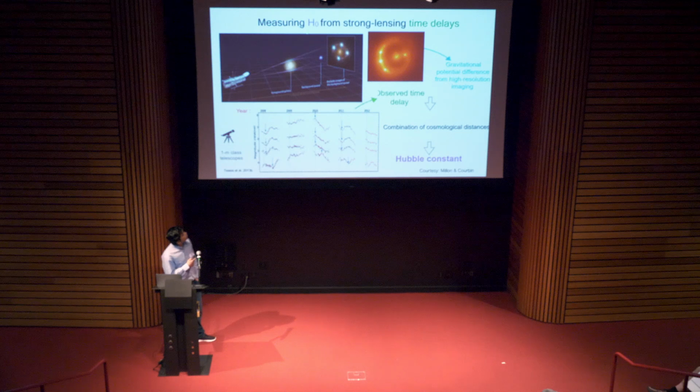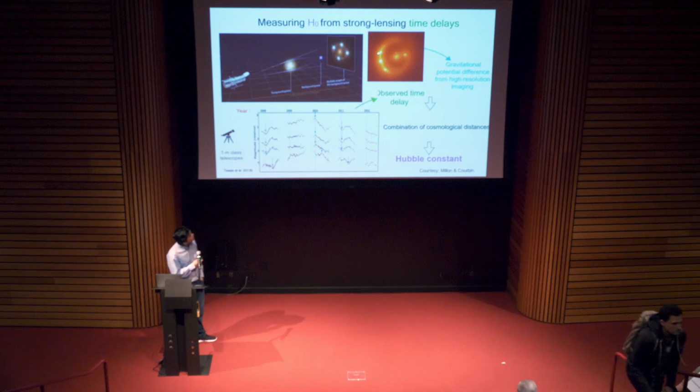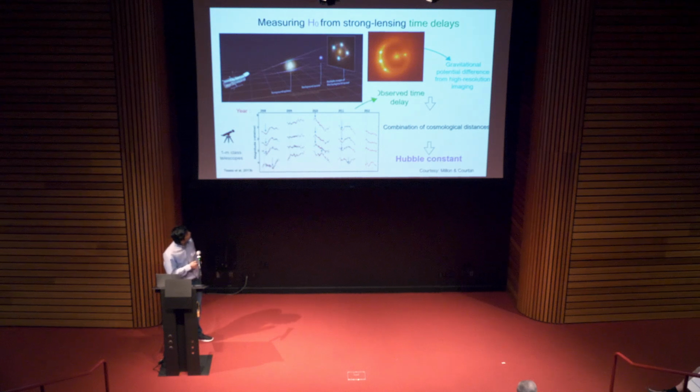When the light from the source passes in the proximity of the deflector, it gets lensed, and we get several images of the source. Here is the lens system we used in this work, called RXJ1131. This is a high-resolution image taken by the Keck system, and you can see the lensing galaxy in the middle, the images of the quasar, and also the arcs of the host galaxy.